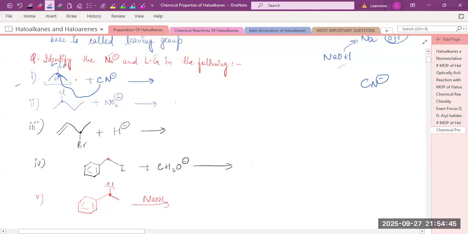When this nucleophile attacks this carbon, simultaneously this bromine will leave because it's a good leaving group. यहाँ से ये left कर देगा and you will get this product, R-CN plus Br minus. So what is the nucleophile over here? The nucleophile here is cyanide ion, and your leaving group is Br minus. This ion is the leaving group.